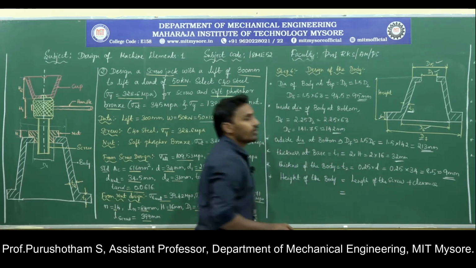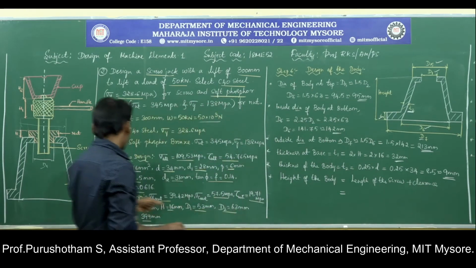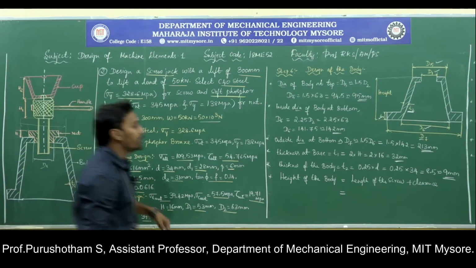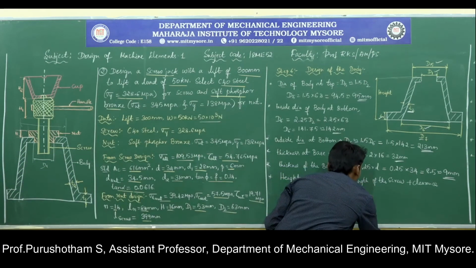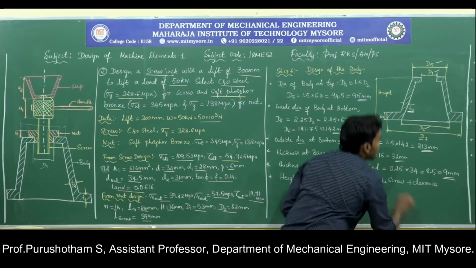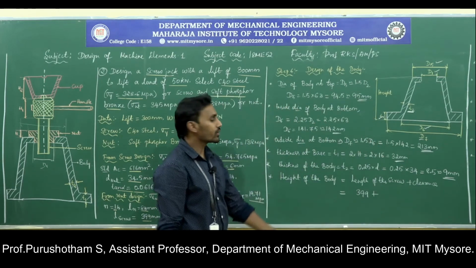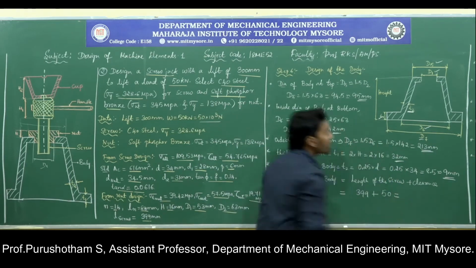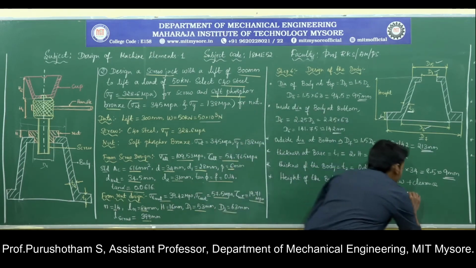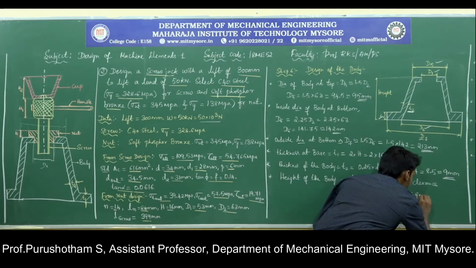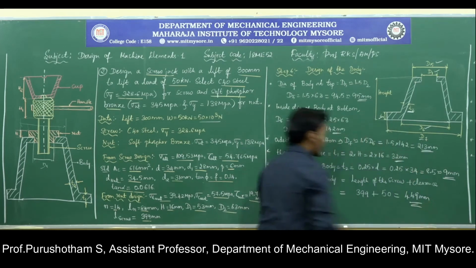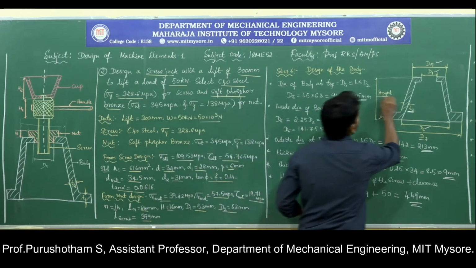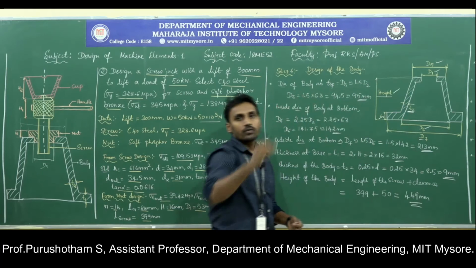The length of the screw, found in the nut design stage, is 399 millimeter. For safety purposes, we take a clearance of 50 mm. Then the height of the body is 449 millimeter. So the height of the body is also found.